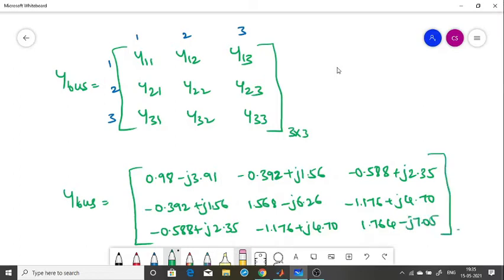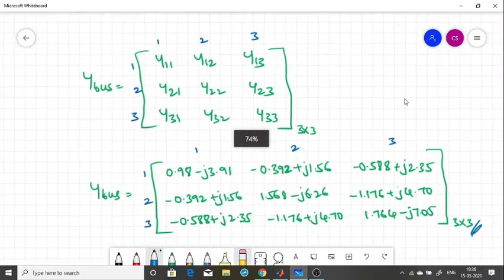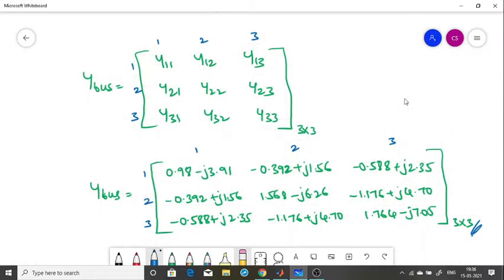So this is the bus admittance matrix for bus number 1, bus number 2, and bus number 3. This is the way we theoretically calculate the bus admittance matrix using the direct inspection method. Now let us verify this result using MATLAB.